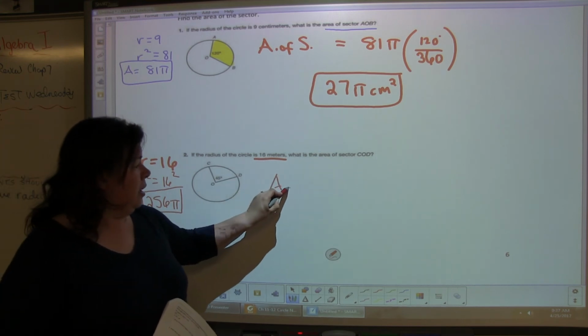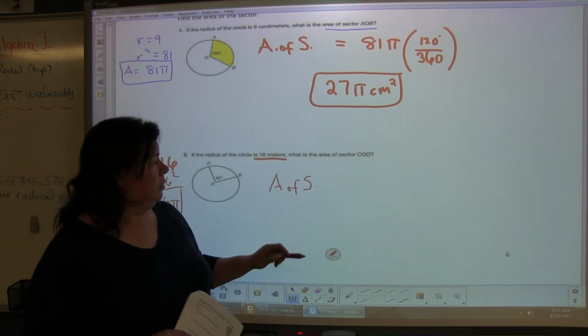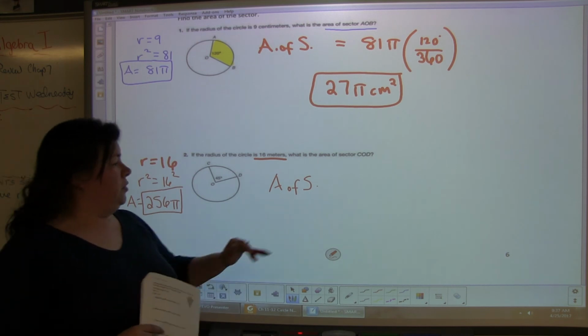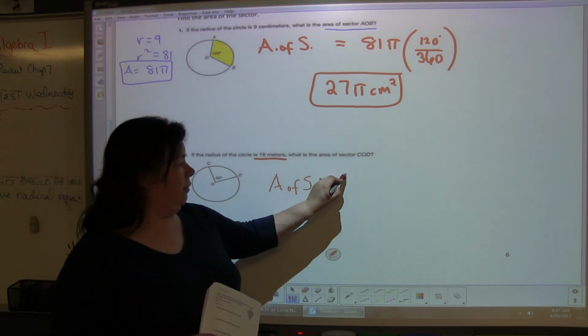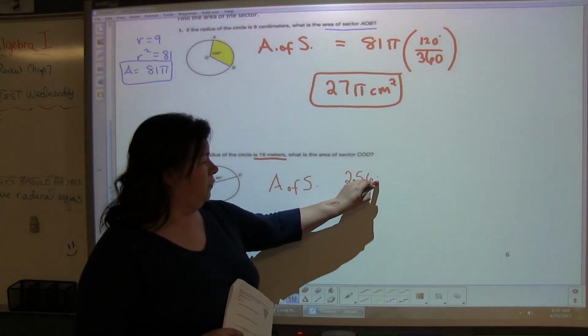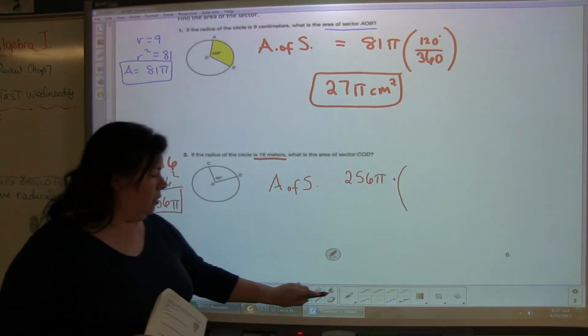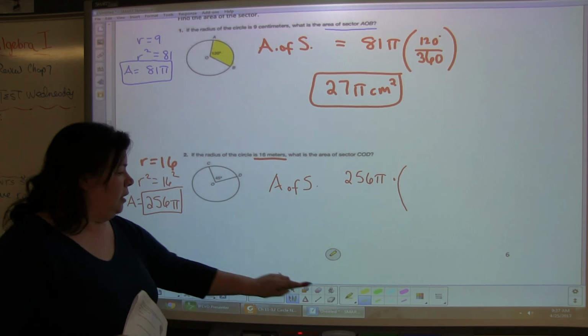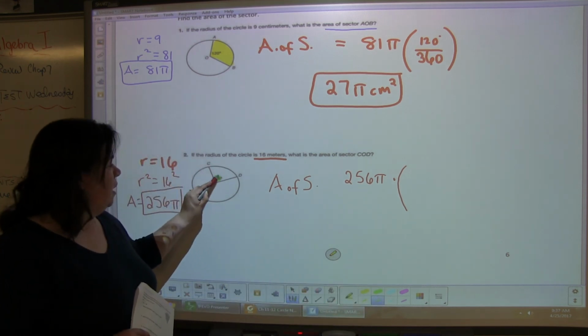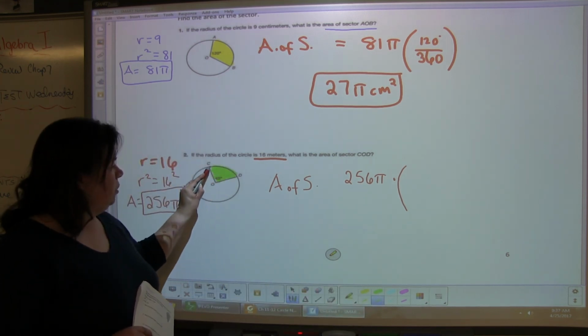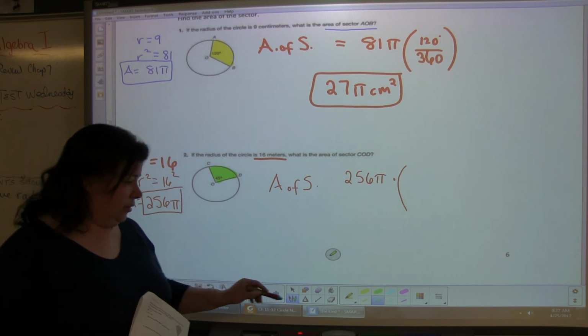So the area of a sector is equal to your area of a circle, which is 256 pi, times the measure of the angle, because what we're really looking for is this entire section of the shaded region here. Again, we call that a sector.